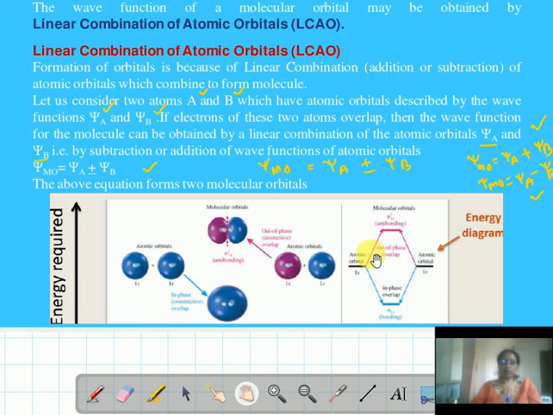You see an atomic orbital 1s, and another atomic orbital 1s, and then the in-phase combination gives us this bonding molecular orbital, and the out of phase combination gives us the antibonding molecular orbital, which is much higher in energy compared to the bonding molecular orbital.